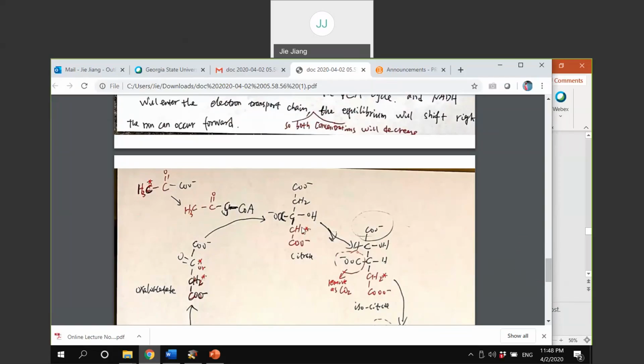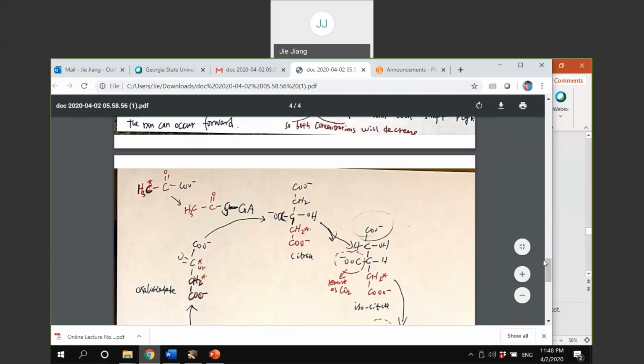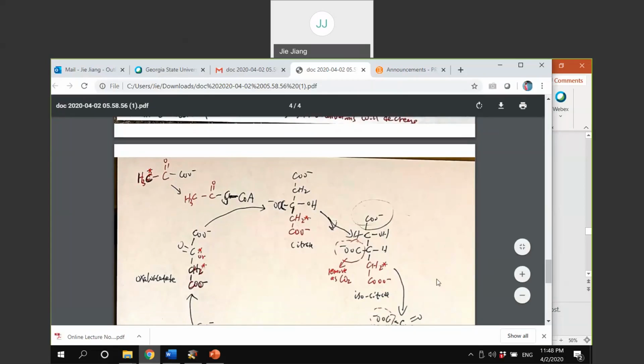This is your methyl group. The carbon-14 isotope is here. Further, isocitrate: no change, but the labeled carbon is still here.